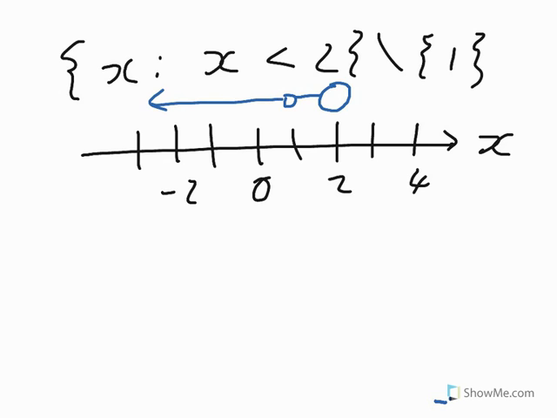So this time, X is less than 2, excluding 1 as well. It looks like that on a number line. Okay, so that's the first way that we can look at that, so let's clear all of that.